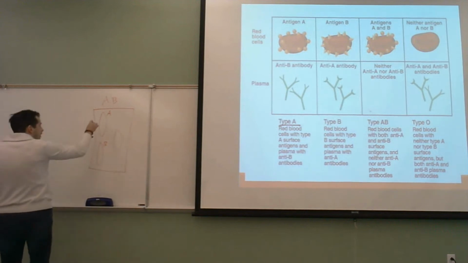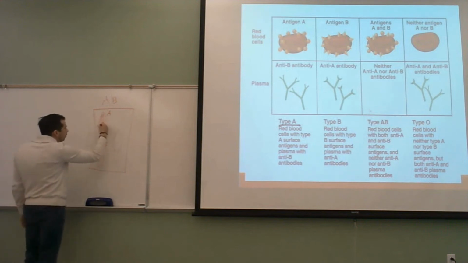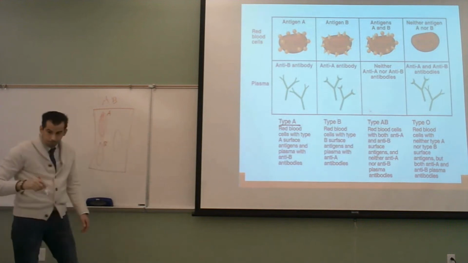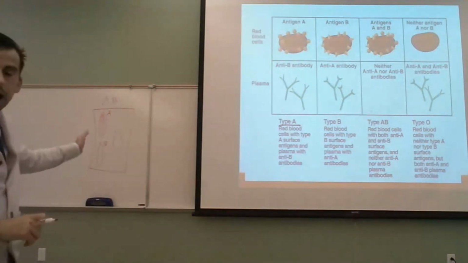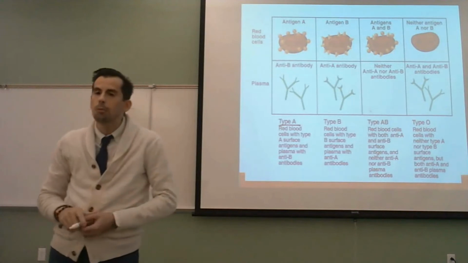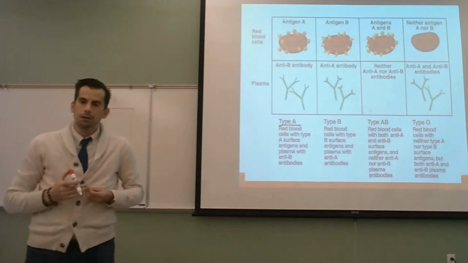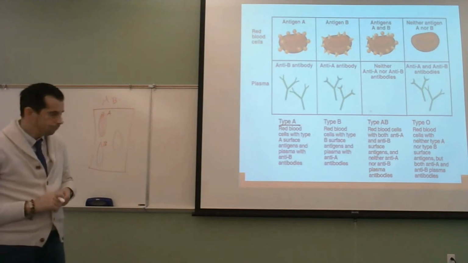So we put our synthetic antibodies into each of those wells, and lo and behold, this one gets cloudy. Now, in the lab, it may get cloudy, it may get clumpy, you may see very fine hair-like structures forming through it. All of those will indicate that an agglutination reaction took place.